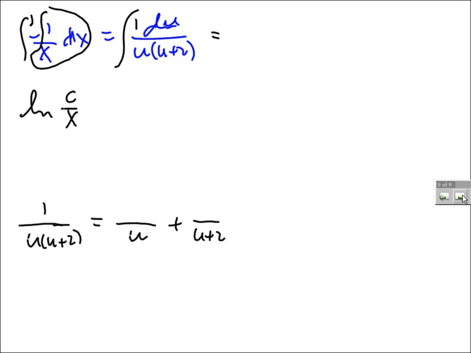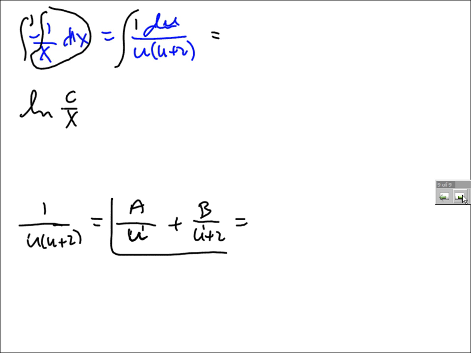And since both of these, u and u plus 2, are of degree 1, we go down 1 degree. Whatever degree they are, we go down 1. 1 less than 1 is 0. And a 0 degree is just a constant. Call it a, and over here another constant.